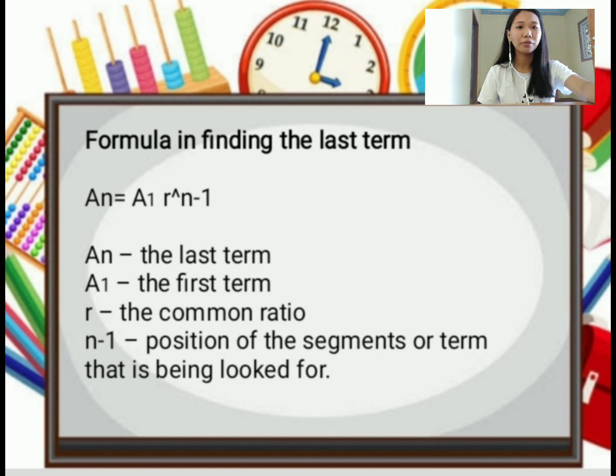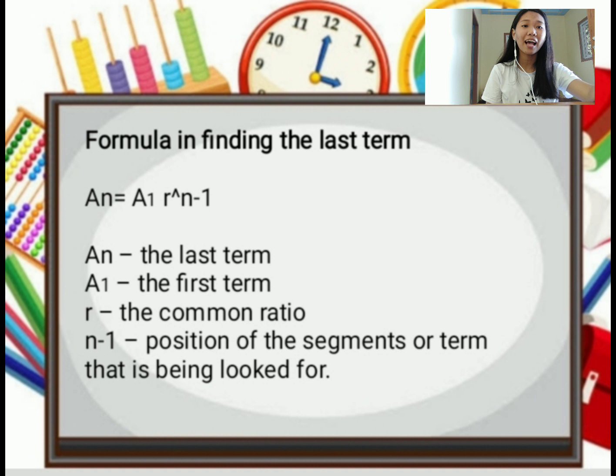Now let's move to finding the last term. The formula for finding the last term in a geometric sequence is a sub n equals a sub 1 times r raised to n minus 1.